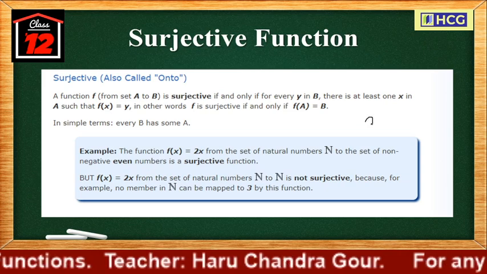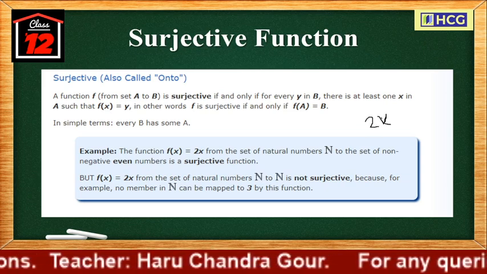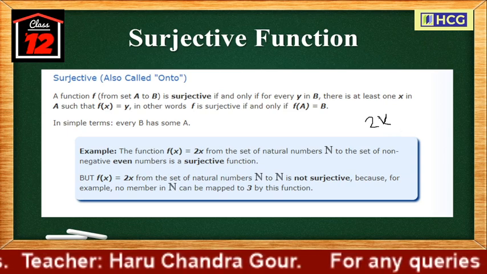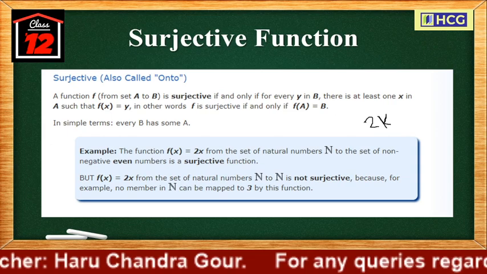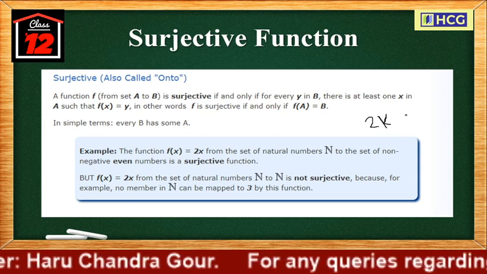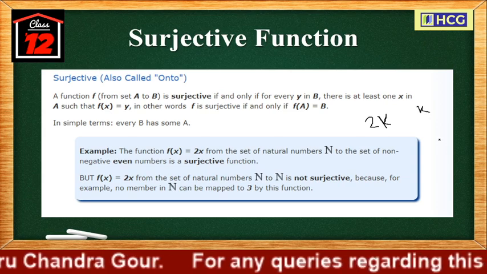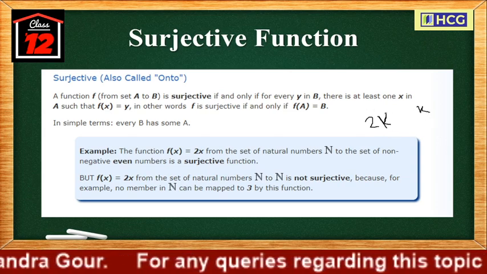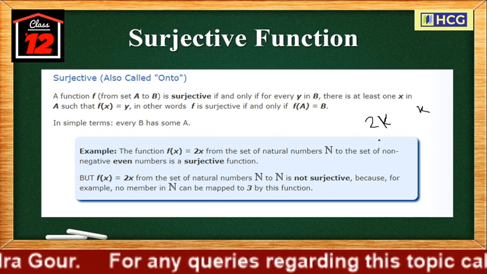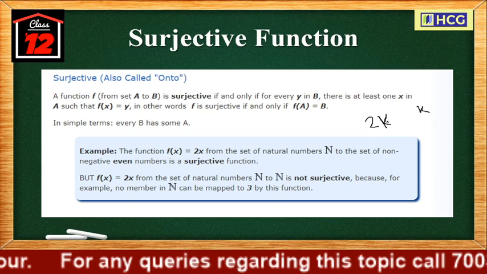So 2k, where k is some integer. And now the preimage of this element is k. k is a natural number, k is a positive integer.